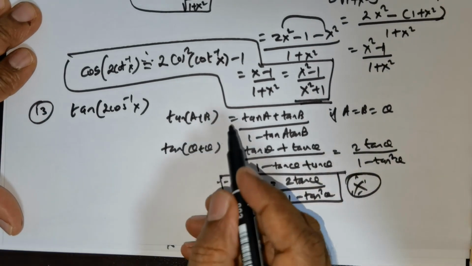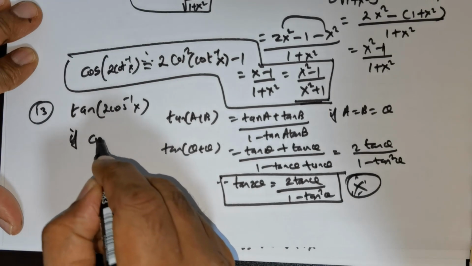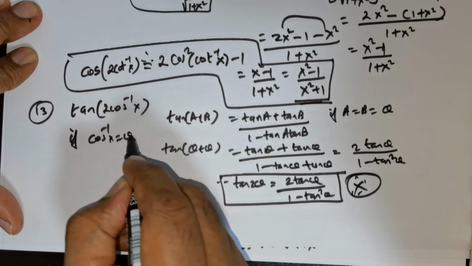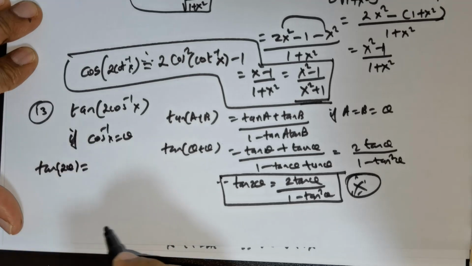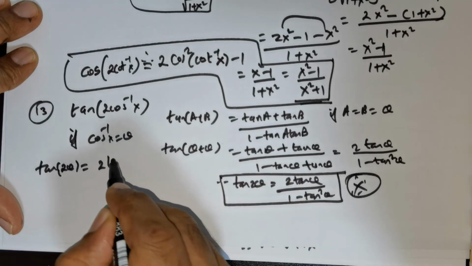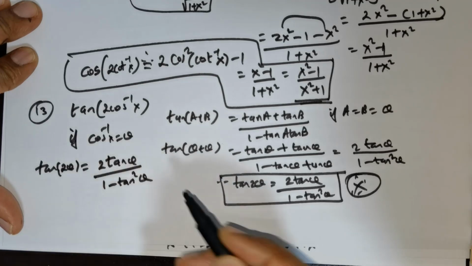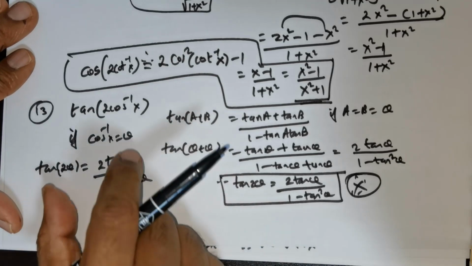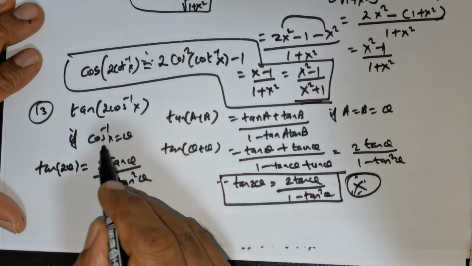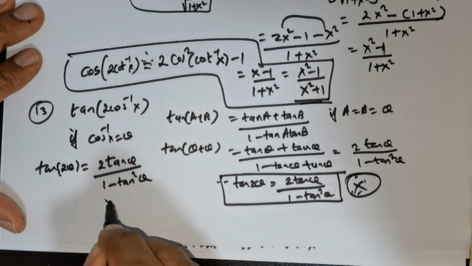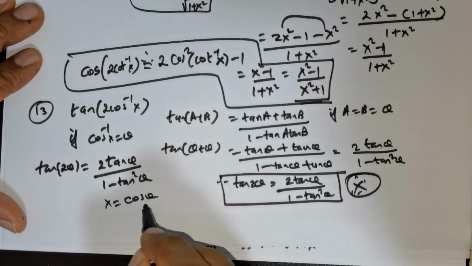So using that result, if I take cos inverse of x to be equal to theta, then you have tan of 2 theta, which is nothing but 2 times tan theta divided by 1 minus tan squared theta. This is exactly what is this, right? So from here x is equal to cos theta.